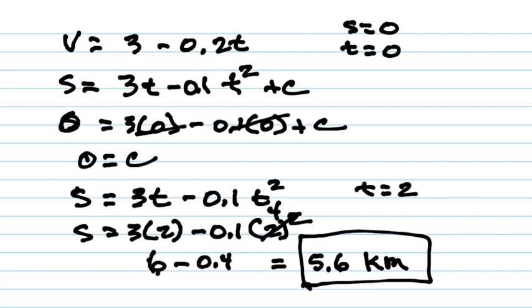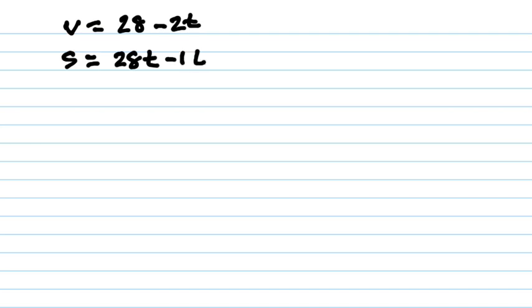Okay, so let's go ahead and just look at this one, because it's got a lot of parts on it. We started off with velocity equals 28 minus 2t meters per second. So we anti-differentiate, which gives us 28t minus 1t squared plus our c.